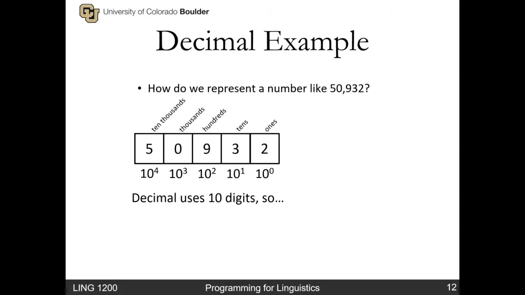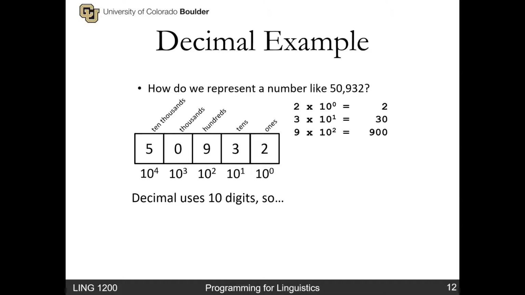So actually what's going on in the system when we represent with these digits is a lot of math behind the scenes. To represent a 2 and to understand what that means, we're doing 2 times 10 to the 0, or 2 times 1, which is 2. To represent the 3 in the tens position, it's 3 times 10 to the 1st, or 3 times 10, which is 30.